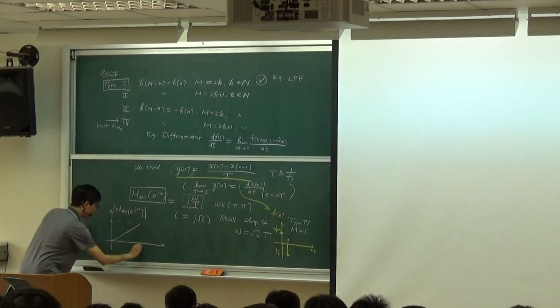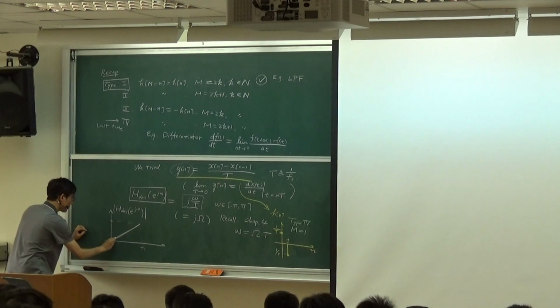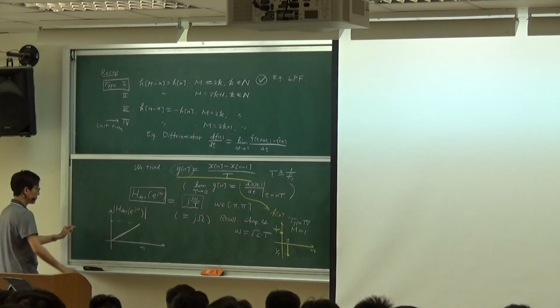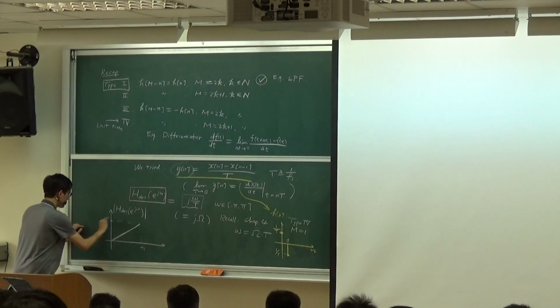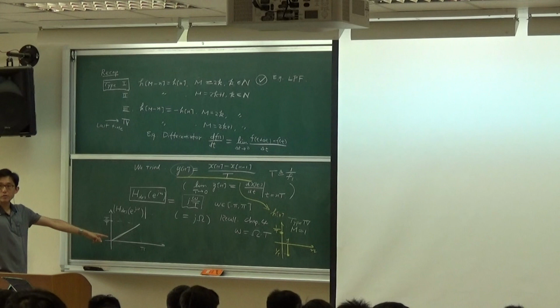So you can calculate the slope here. The slope is 1 over T. That's the desired magnitude response.